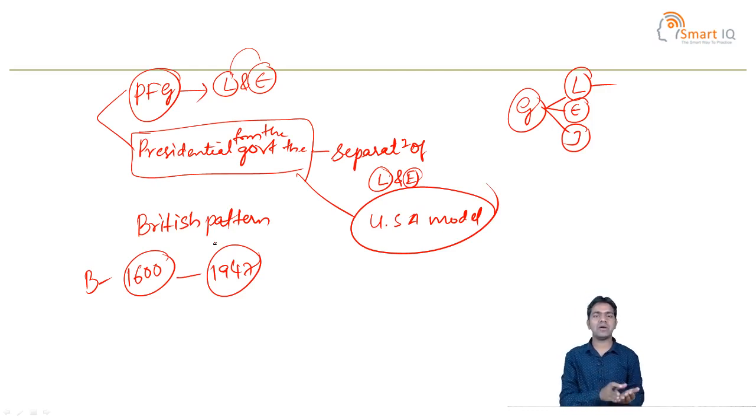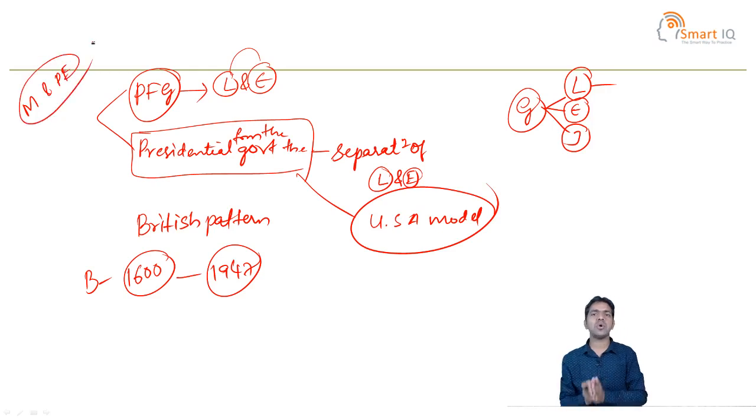The people of India had already experienced many constitutional provisions of British India. That is the reason the framers adopted the parliamentary form of government. This is very important for both the mains as well as the preliminary examination.